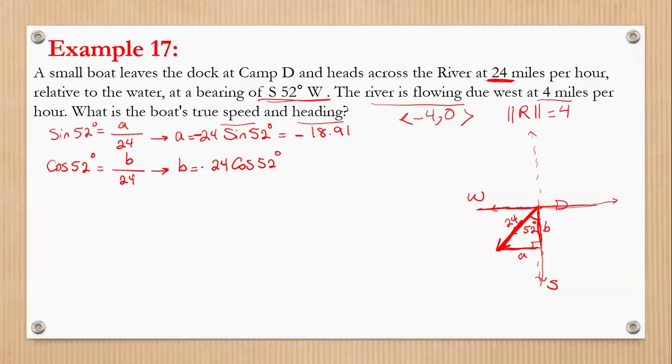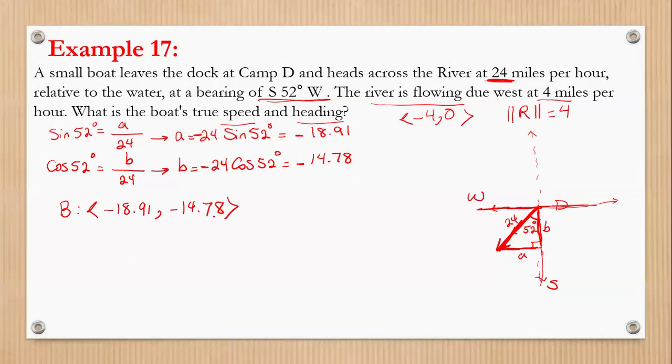So I will keep B negative here. The answer, if I put it in the calculator, is negative 14.78. Now I have the components of the vector for the boat. A, the first component, is negative 18.91, and B is negative 14.78.